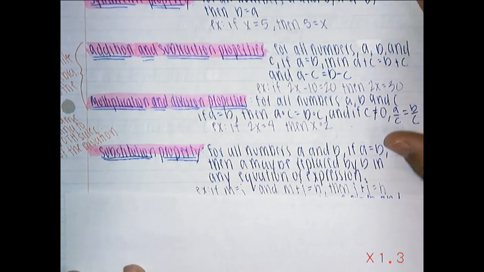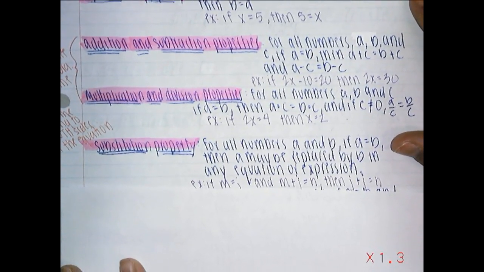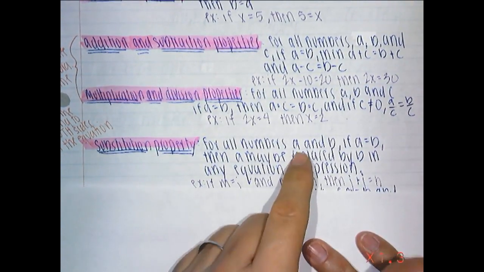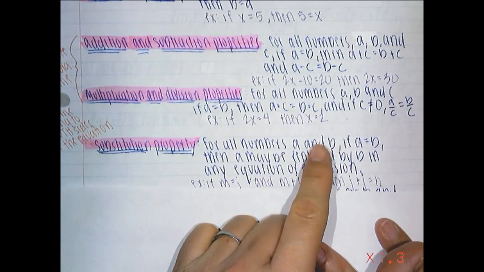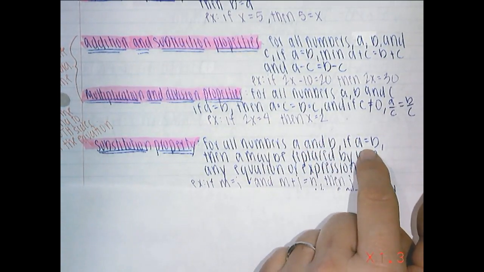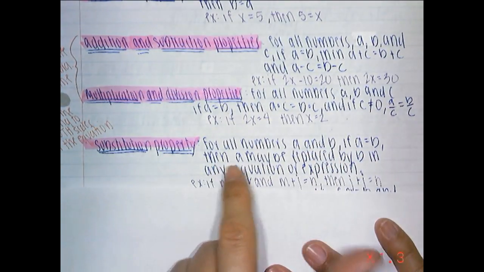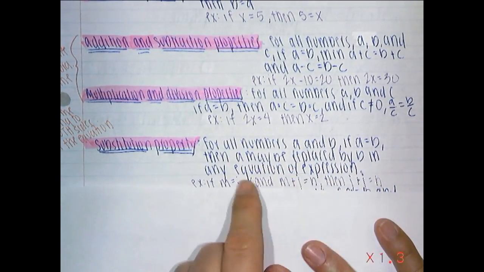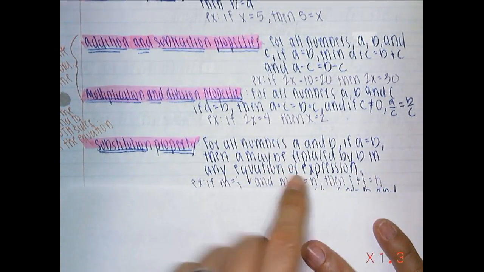All right, then we're going to talk about the substitution property. For all numbers a and b, if a equals b, then they may be replaced by b in any equation or expression.